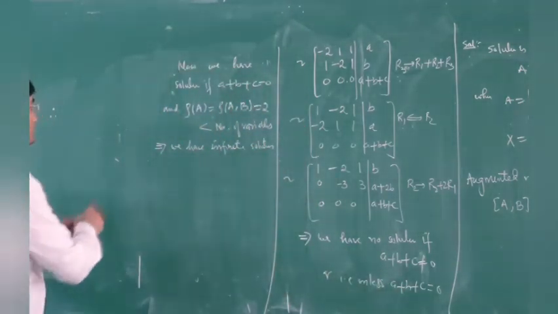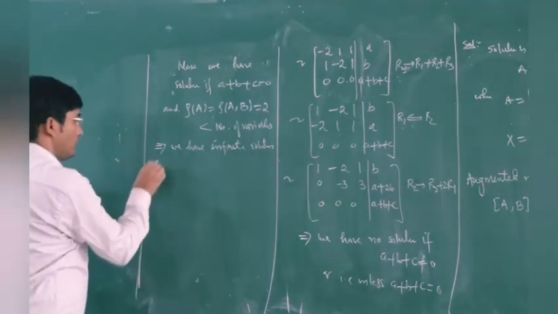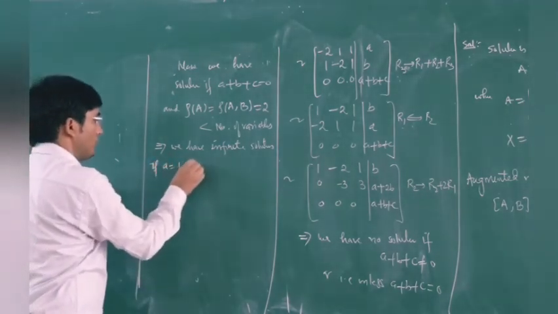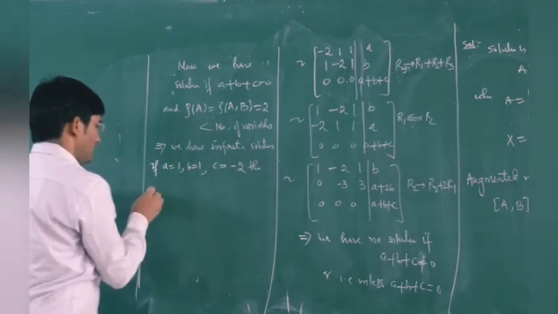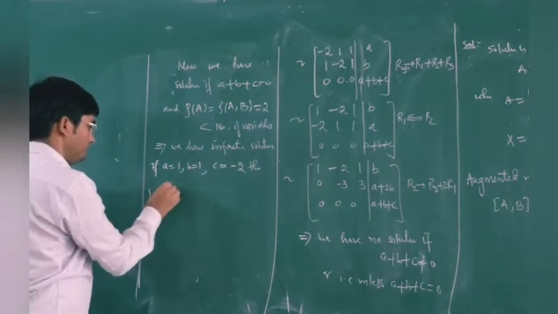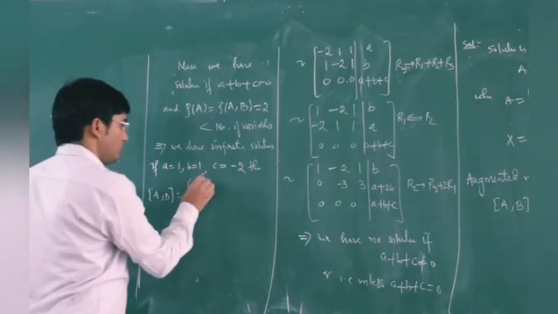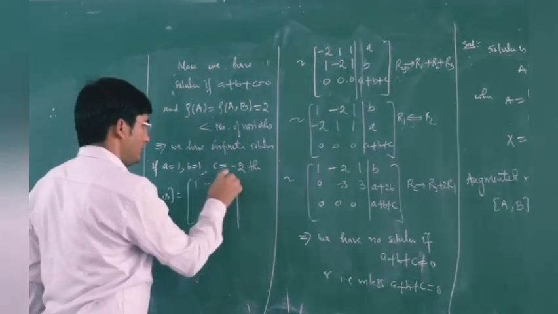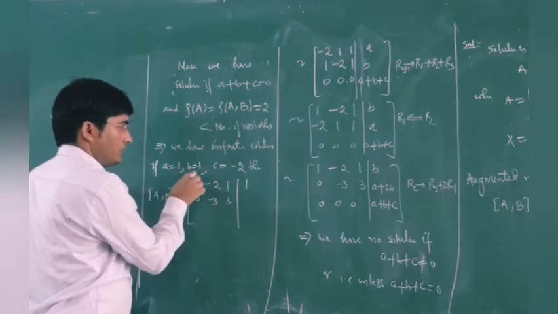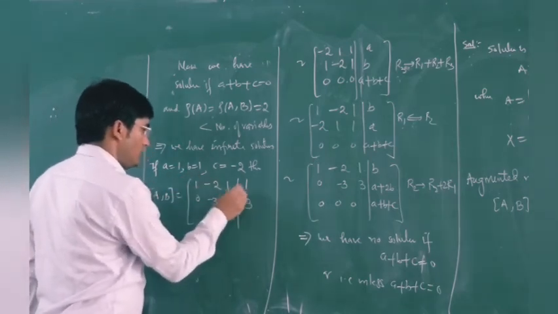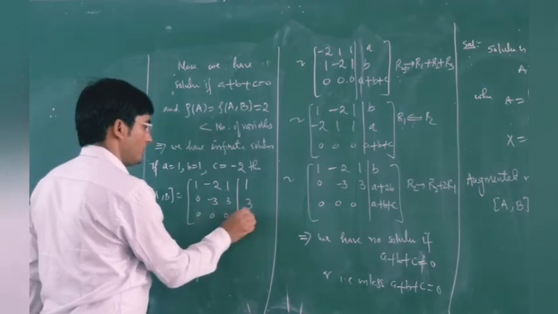Then your A comma B will be 1 minus 2 1, now B is 1, so this is 1. Then 0 minus 3 3. A is 1, B is 1, so this is 3. Then 0 0 0 0.